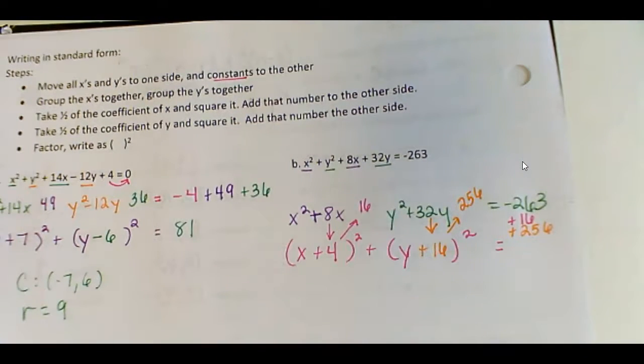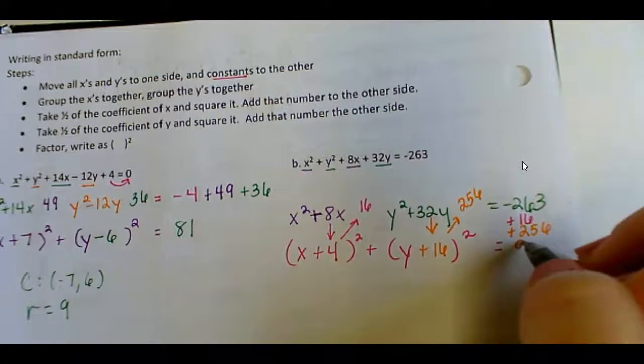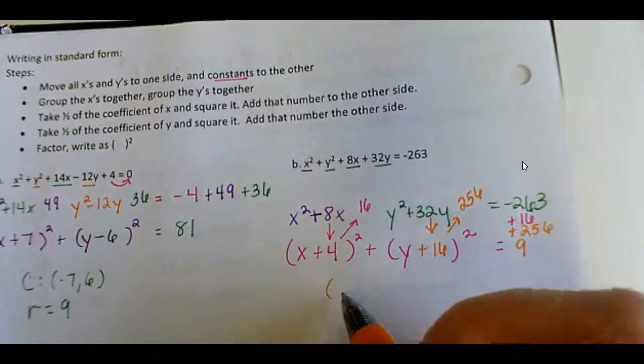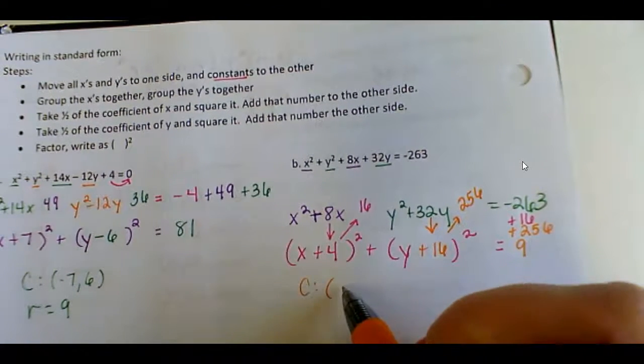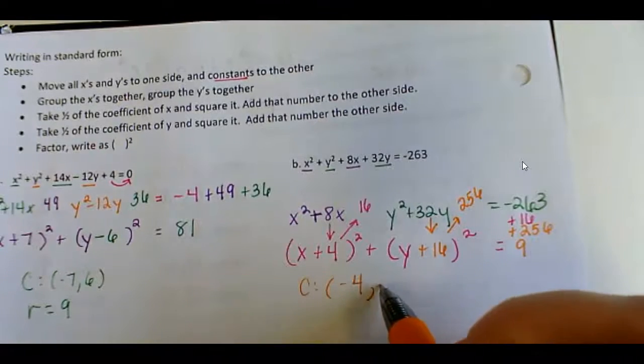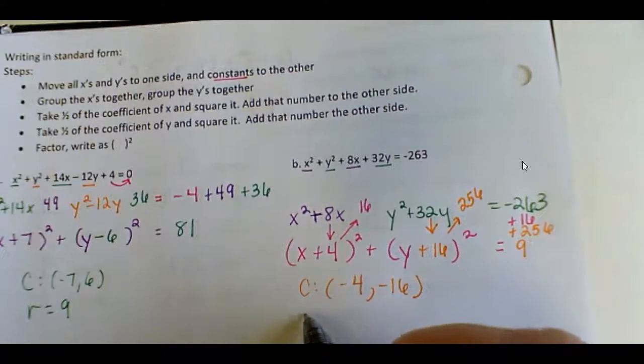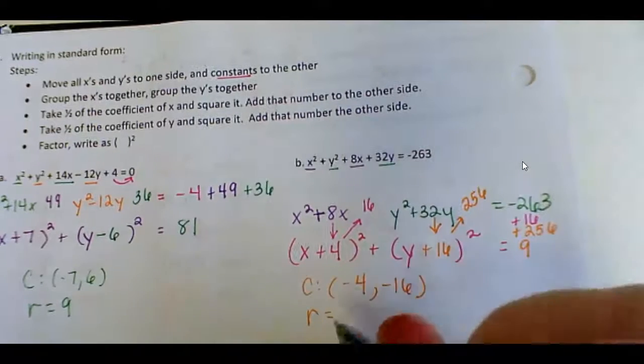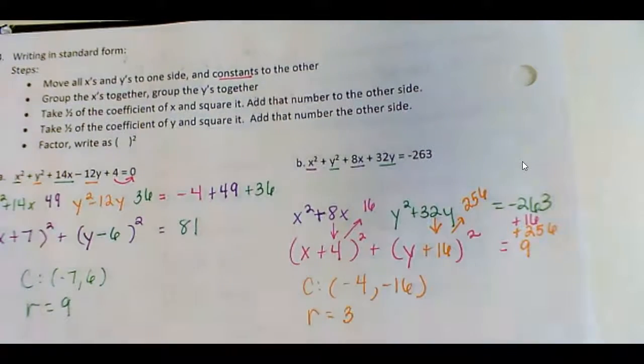So then I'm going to take -263 plus 16 plus 256, and I get 9. So what's the center of my circle? -4, -16. And then my radius is the square root of 9, which is 3.